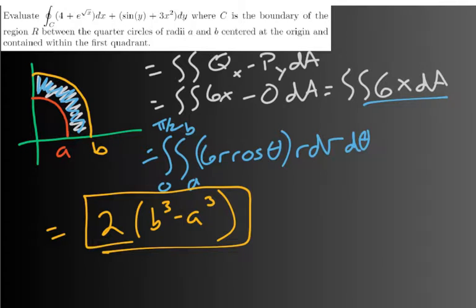One thing that is definitely worth noting: we assumed that the orientation of this was the positive, counterclockwise orientation that I'm drawing out here. If it wasn't, there's going to be a sign change to the problem.